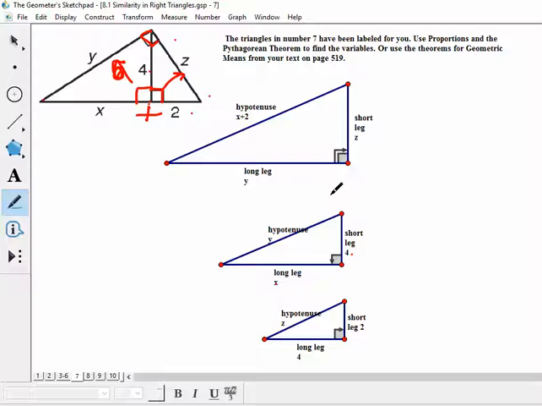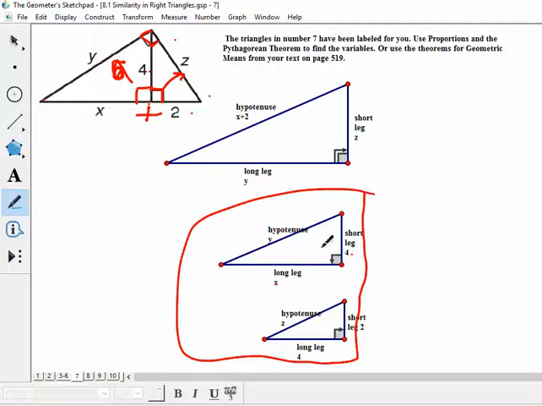Once you have those on here, now you can set up your proportion. We know that similar triangles have sides that have the same similarity ratio, or the sides are proportional. So in order to find, let's use these two triangles. You're always going to use two triangles.